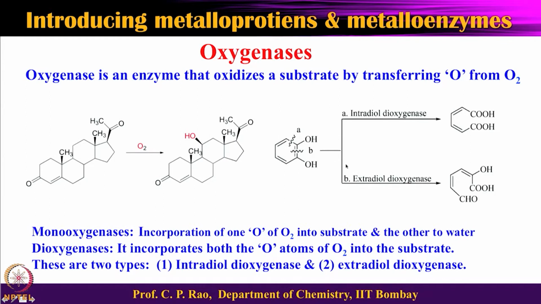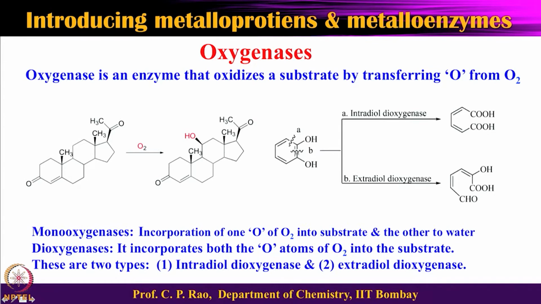Okay, second part of this is the dioxygenase. The dioxygenase means both the oxygens are added to the substrate. Now, in this there are two ways with respect to a double bond. This is the double bond. You can just add across the double bond in an equal way, so O you can use outside this double bond.